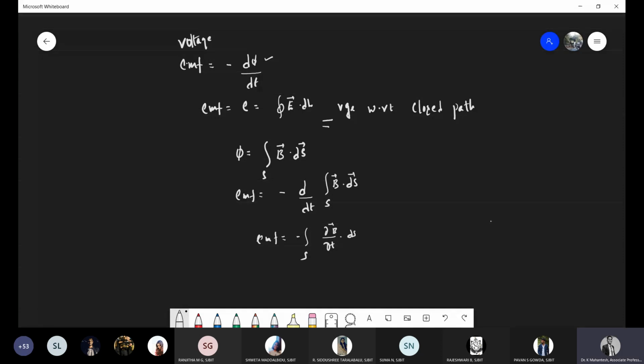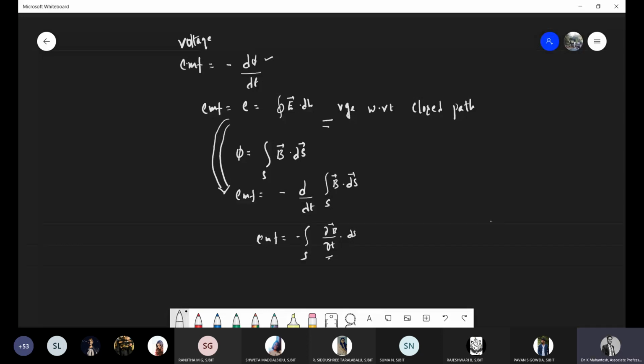If you take this inside the integral, it becomes a partial derivative, and this is a surface integral. So this is Faraday's law in integral form. And of course, you can equate these two equations also.